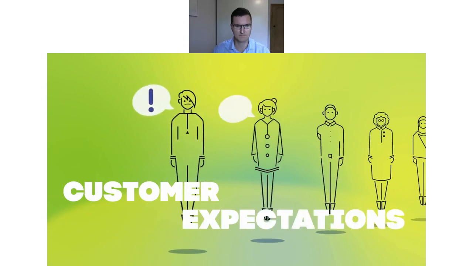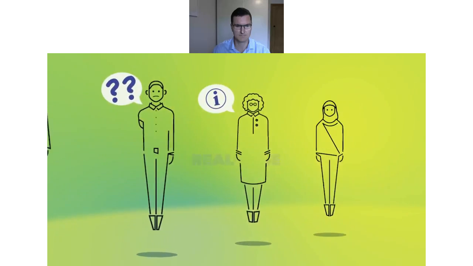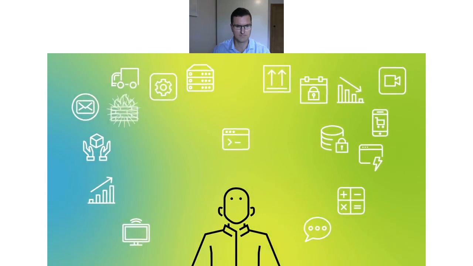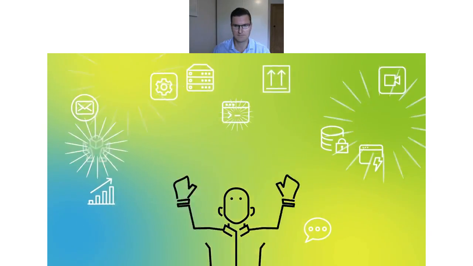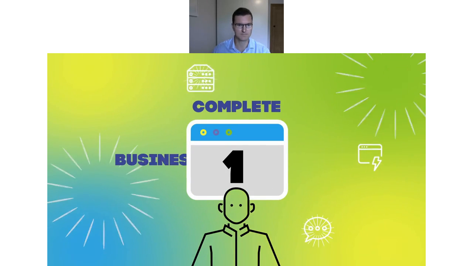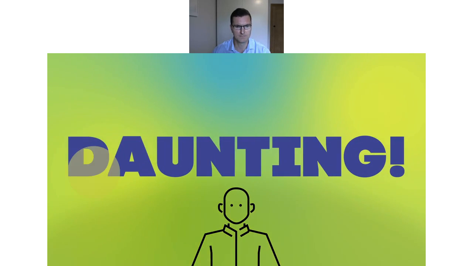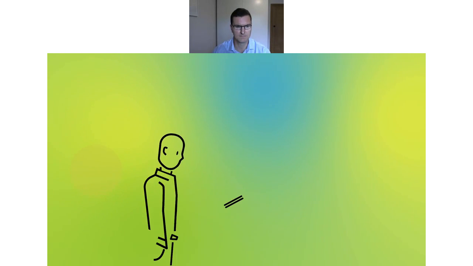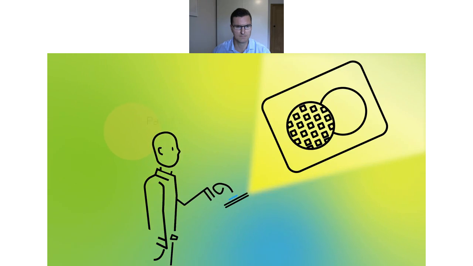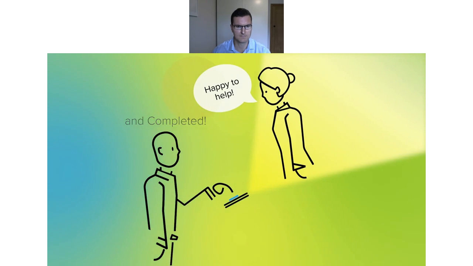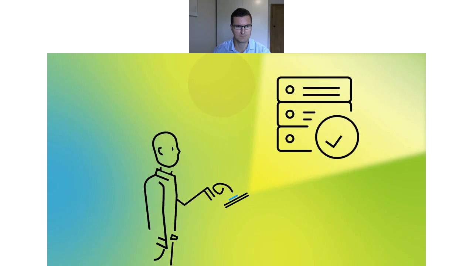Managing customer expectations by keeping them informed and up to date in real time, along with a grand plan of consolidating out-of-control back-office systems into one single platform, giving you complete business oversight, may seem frankly just a little daunting. But with Jadu CXM, we can start you down the path of having customers effectively self-serve, to connect them to the right people by digitizing services and collecting the right data for business decisions.